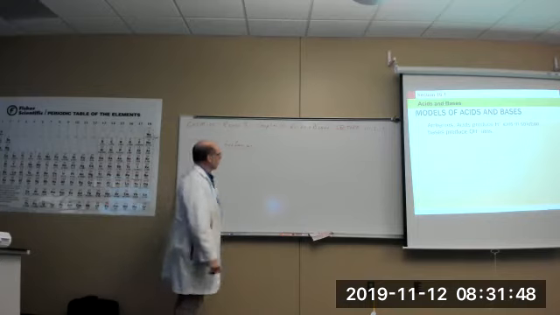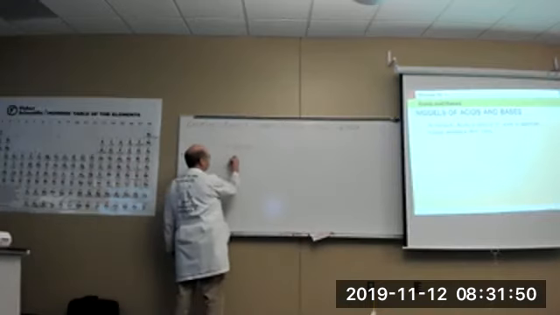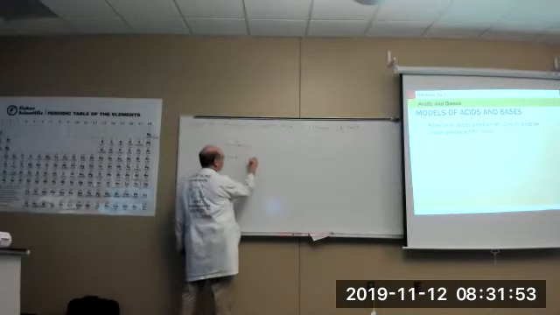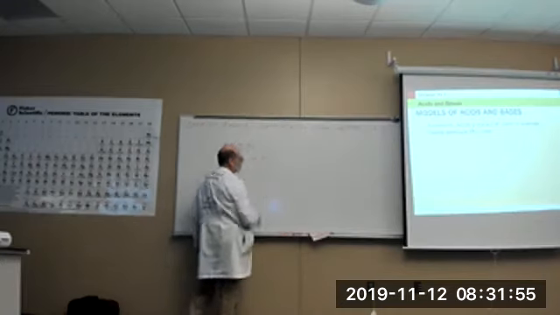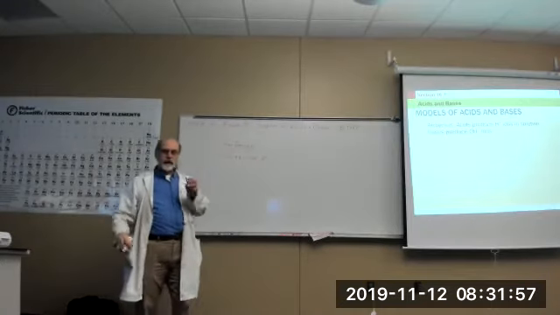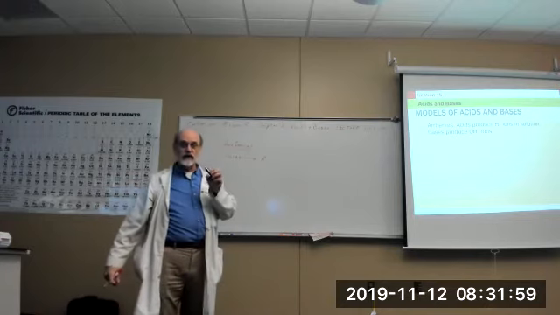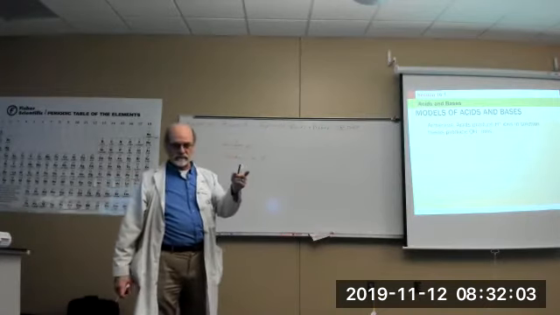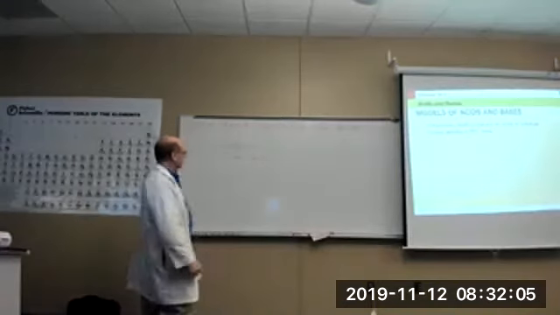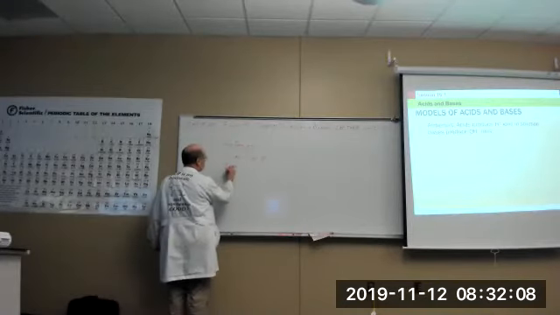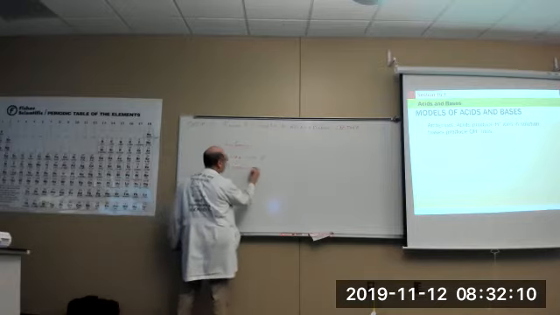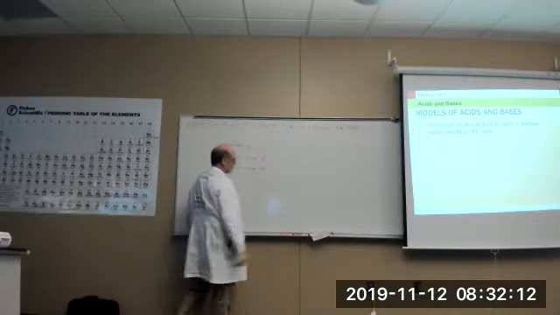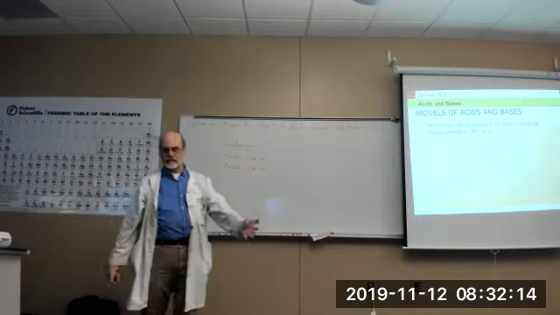Arrhenius proposed that acids always produced hydrogen ions from their molecules. That is, the molecule has to have a hydrogen that it can donate, that it can give up. And bases have to have hydroxyls that they can give up.